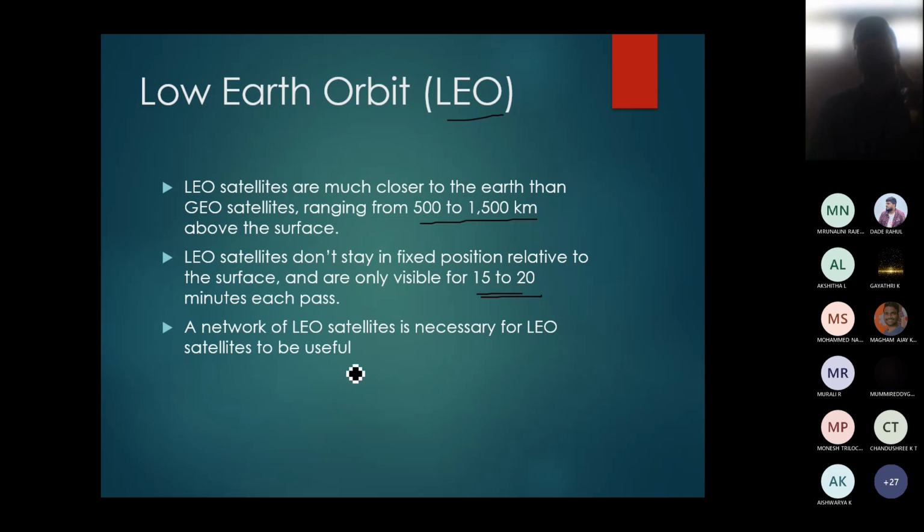I'm not sure. The name is given because of the atomic number of the material. So whatever is the atomic number of the material, that many satellites have been launched in the network. Okay, you can make a Google search and find out different LEO satellites.